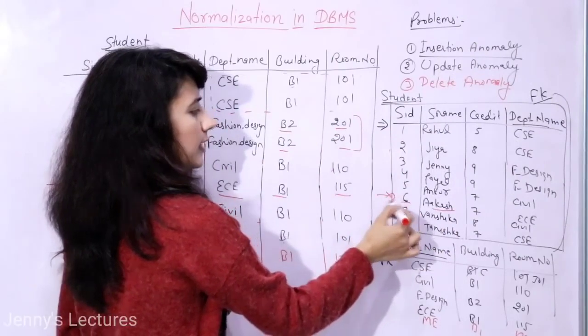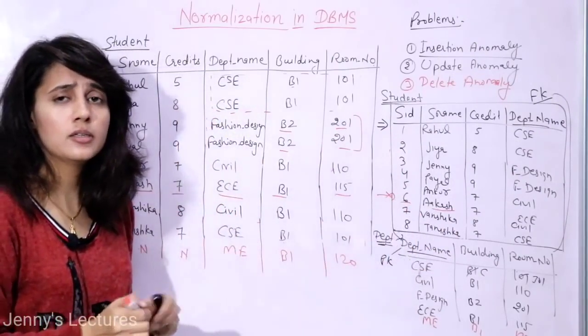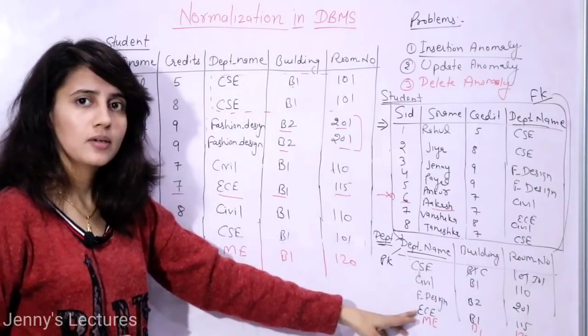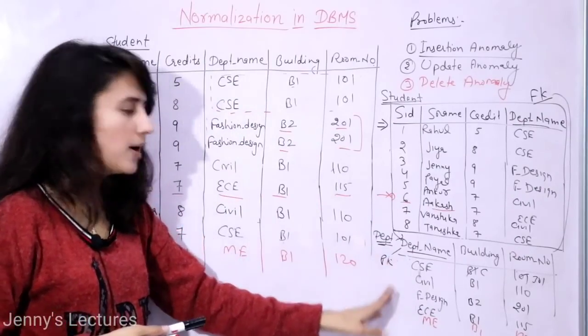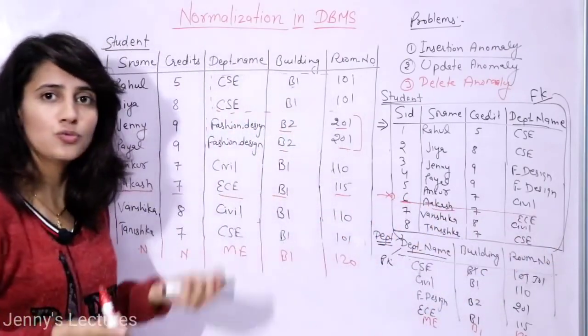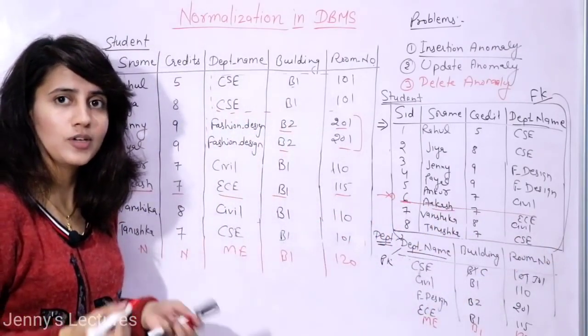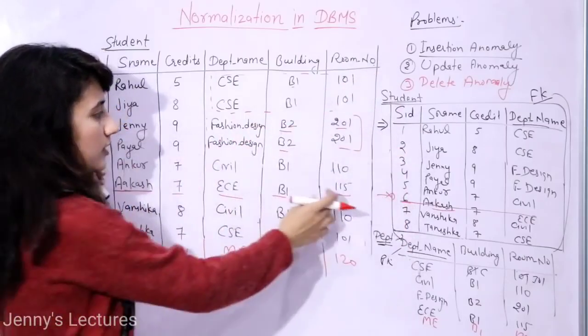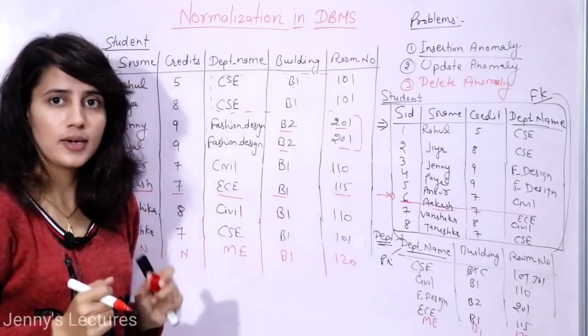So simply you can delete this tuple. It doesn't mean that we have deleted the information of the department. We still have EC department information in this department table, right? We have only deleted this information from the student table, fine. So we have removed all the 3 anomalies by decomposing this table into 2 tables, right?